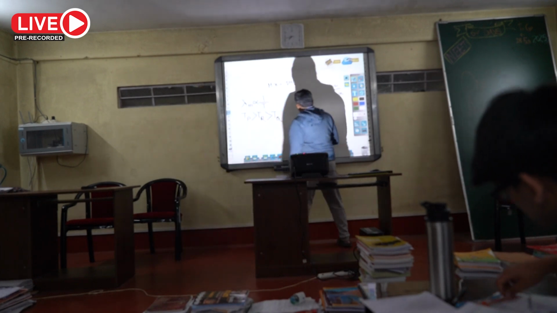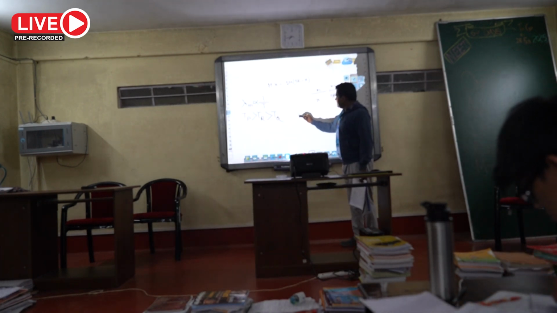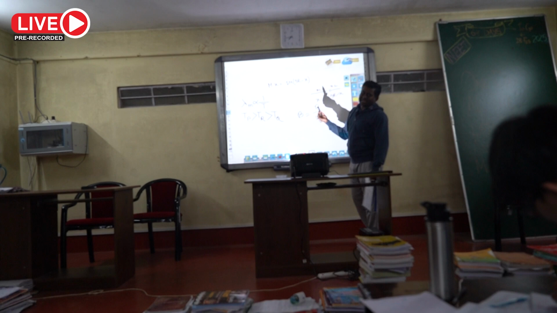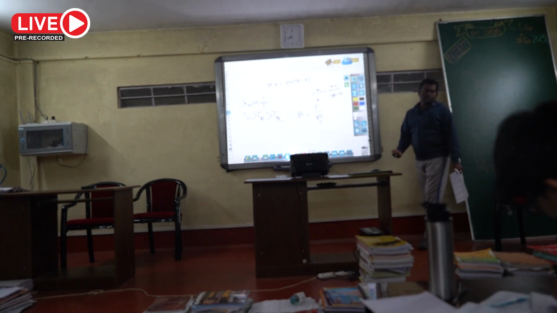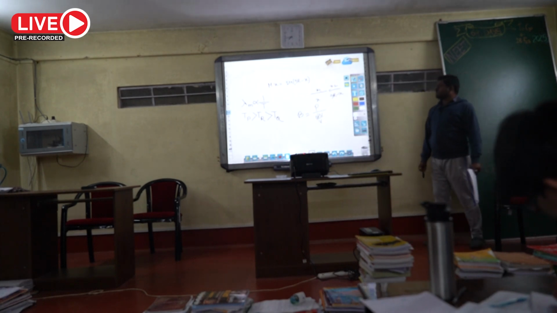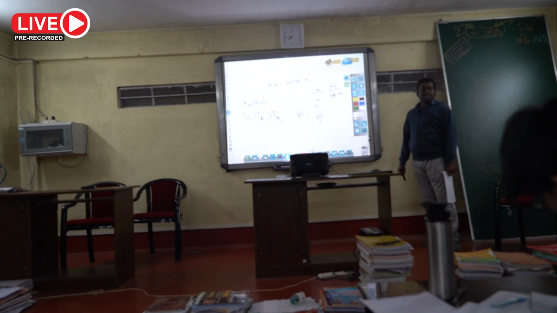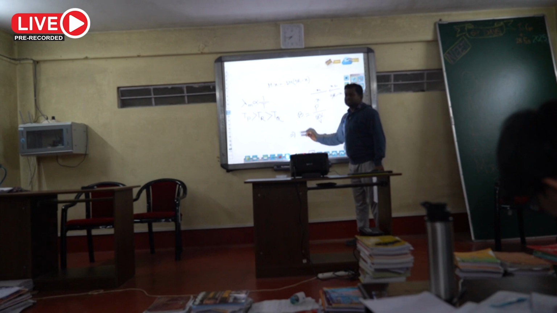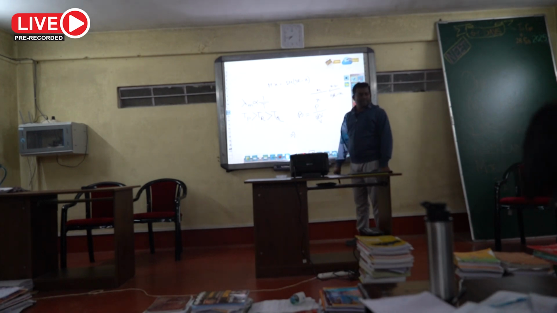See, bulk modulus B will be equal to P by dV by V. I just neglect the minus sign, so we have to calculate only the magnitude. Then we can write bulk modulus equal to inverse of the compressibility factor.